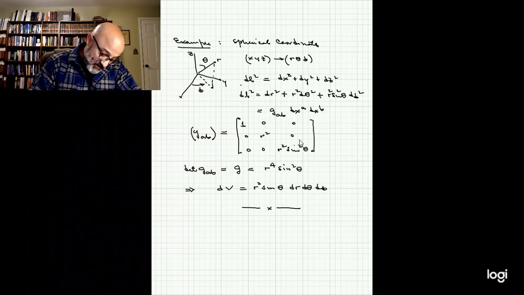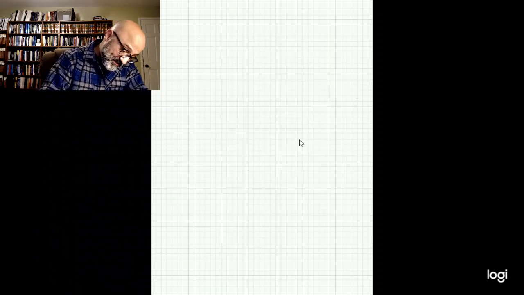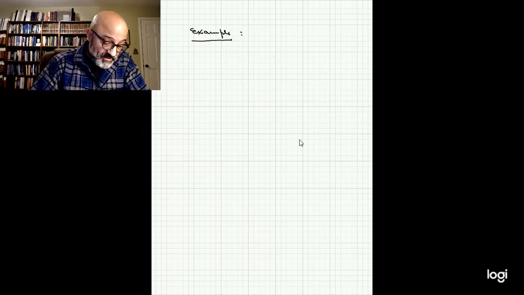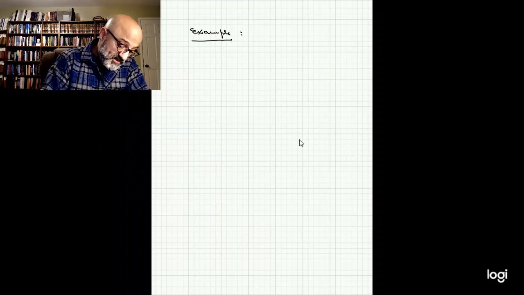Here's another example, and this is the example that's going to be of most value to us. We're going to do more of these, but basically, what is a uniform probability distribution?